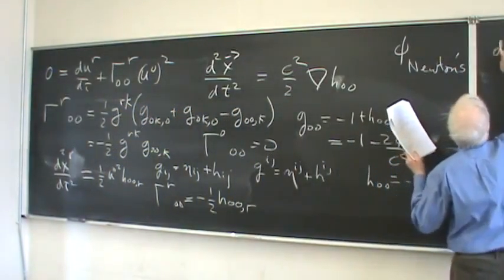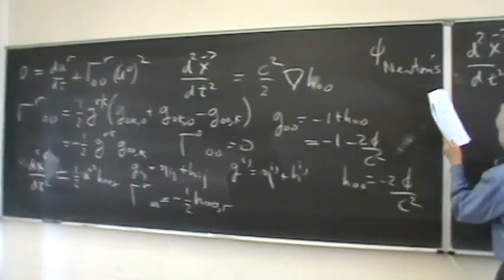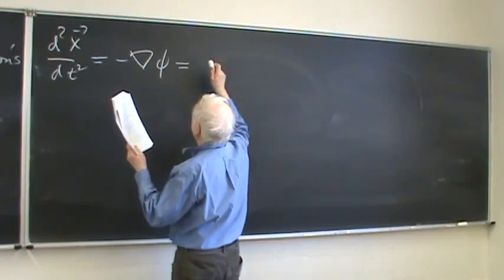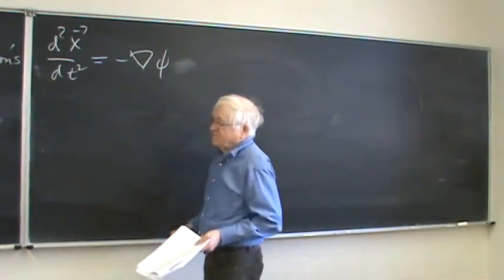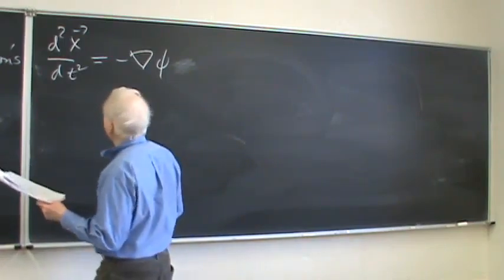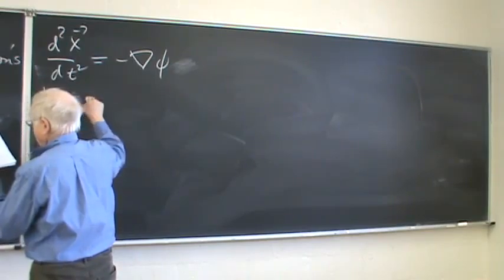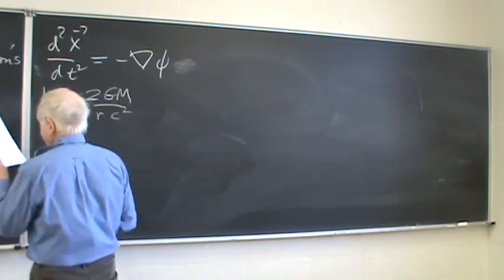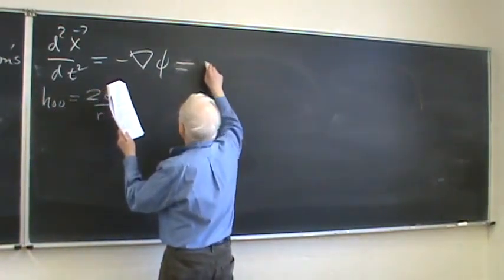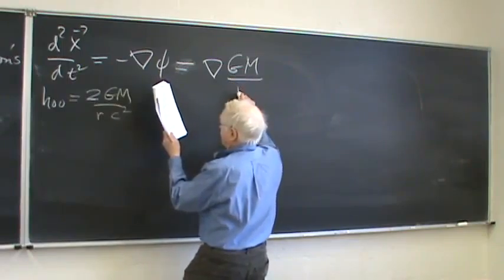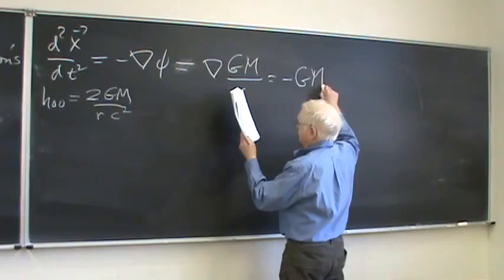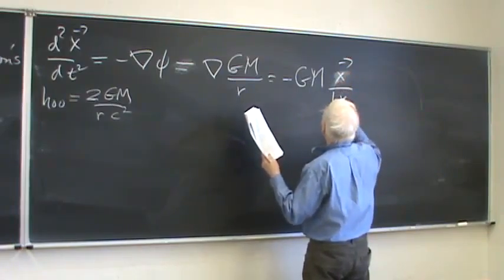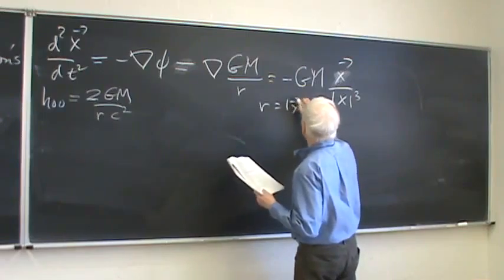What we have is d2x/dt squared is equal to minus grad phi, which is, if we're talking about a particle falling outside a large mass at a distance r, then h00 is 2GM over r c squared, and this then is equal to grad of GM over r, or minus GM x vector over the length of x cubed, where here r is length of x.